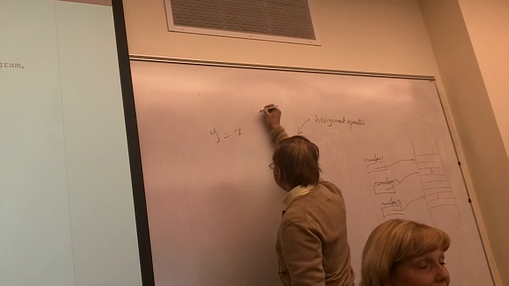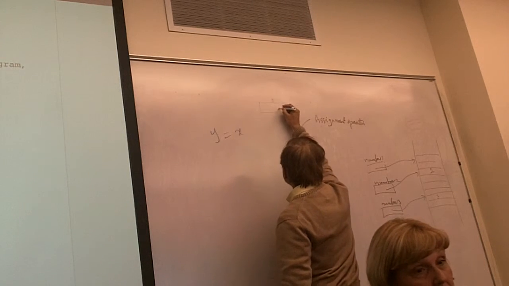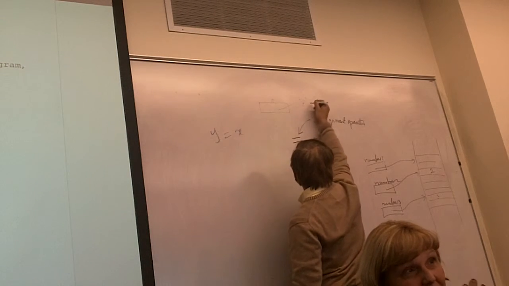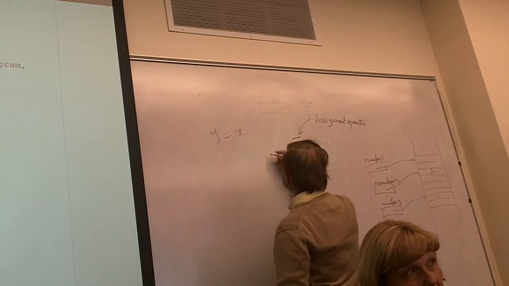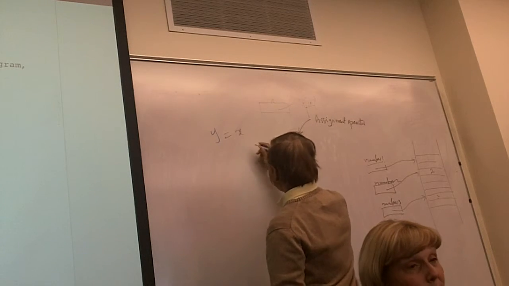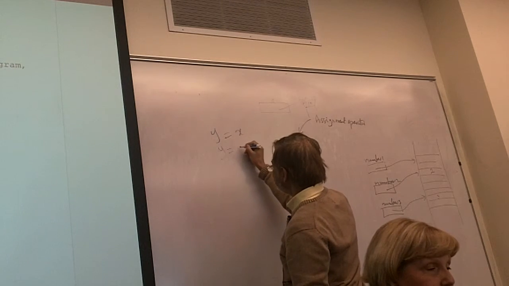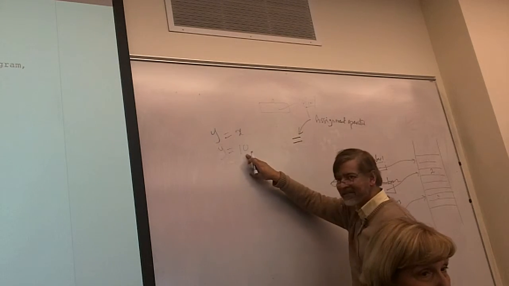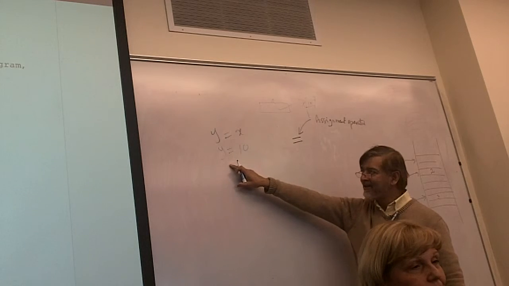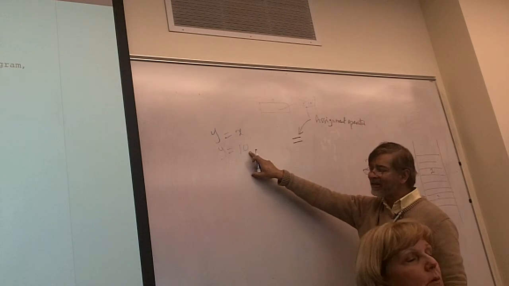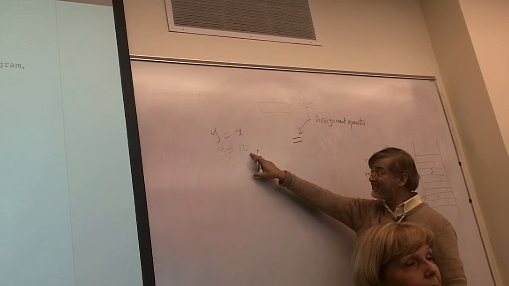And x may have some value in memory, like 10. In that case, y will end up getting the value 10. We may actually explicitly assign a number 10 to y. In that case, on the right hand side, we no longer have another variable, we just have the number 10.